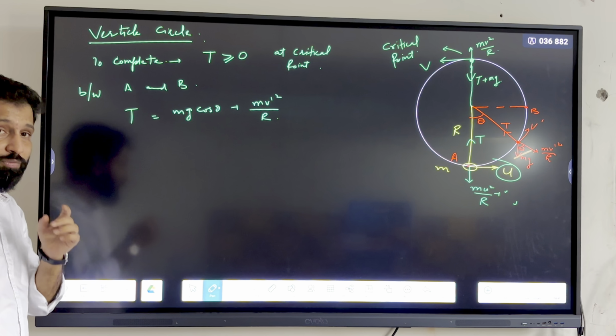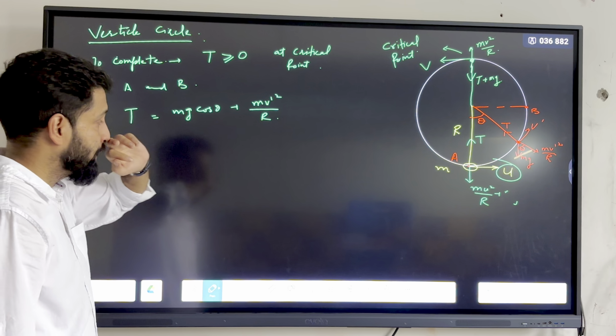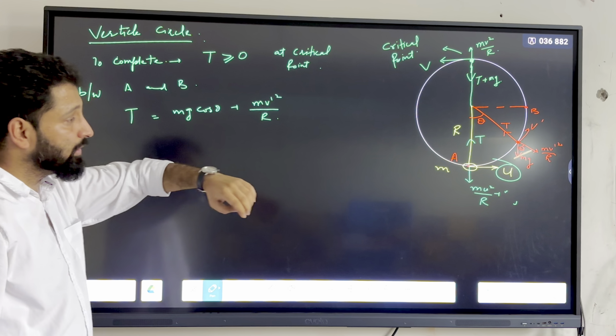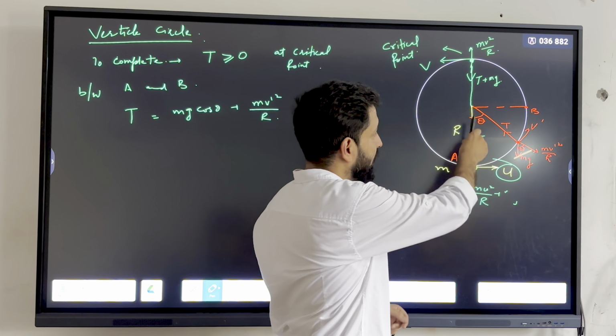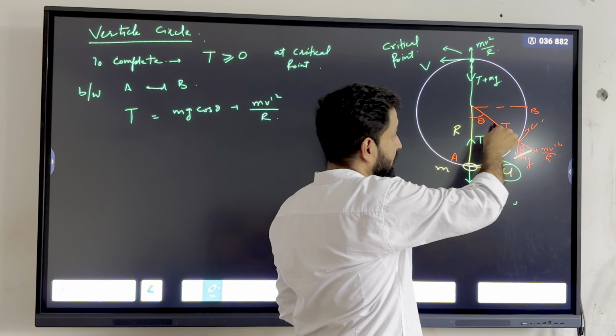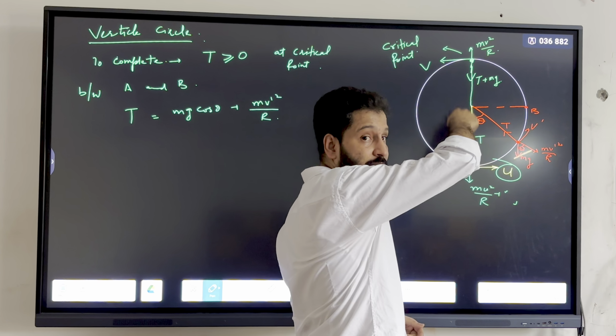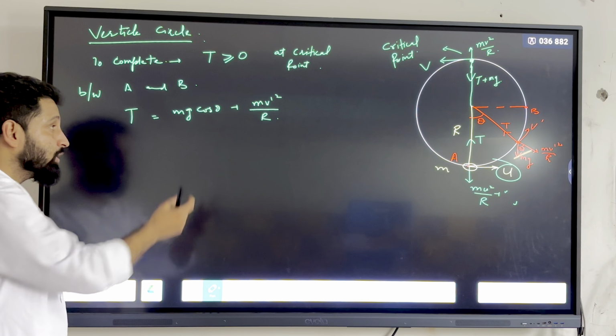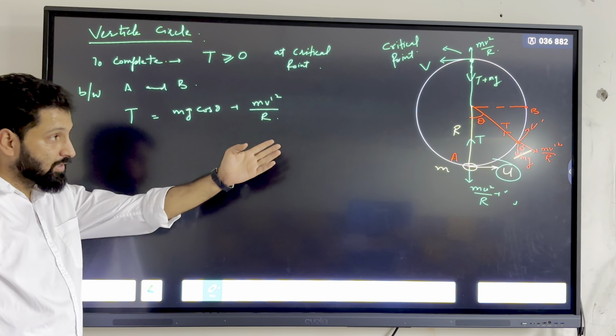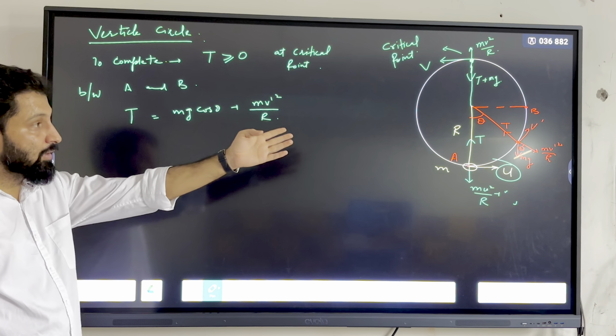So this is the tension between A and B. So here theta, actually from A to B, what happens to the theta? It is increasing. The theta is this with the vertical direction, downward vertical direction. So theta is increasing. If theta is increasing, what happens to the cos theta? Actually, theta lies in the first quadrant here. It can be from A to B.